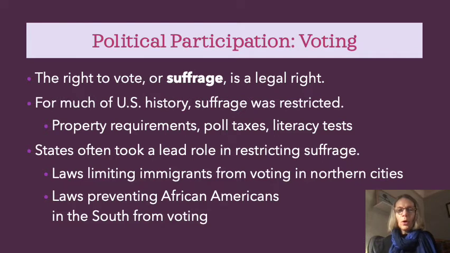As we well know from things we've read throughout the course of the semester and that you've read in your textbook when we were doing civil rights, southern states in particular had restrictions in place like literacy tests, poll taxes, etc., that made it difficult for African Americans to exercise their 15th and 19th Amendment rights.